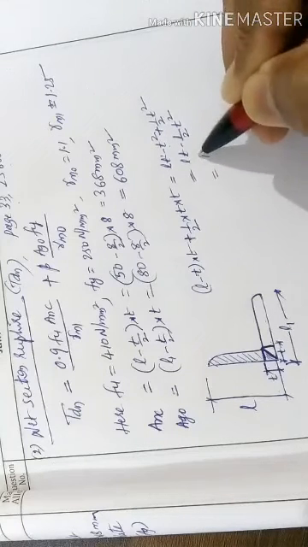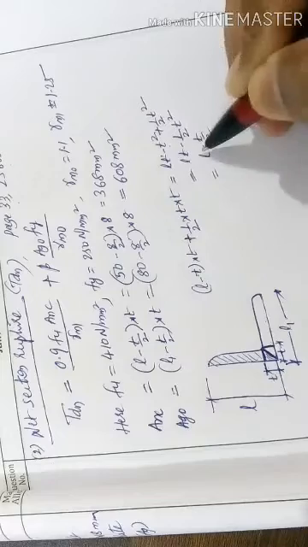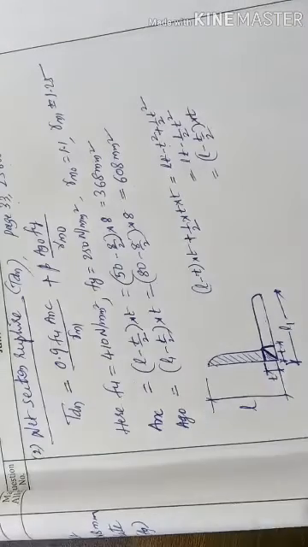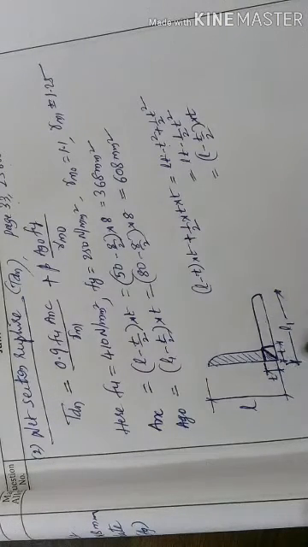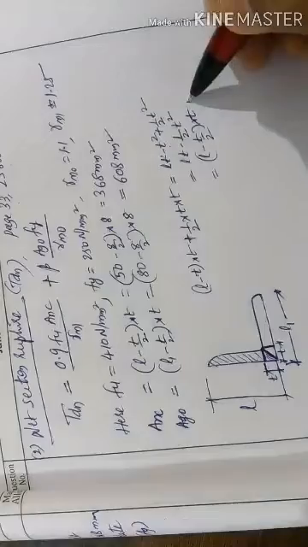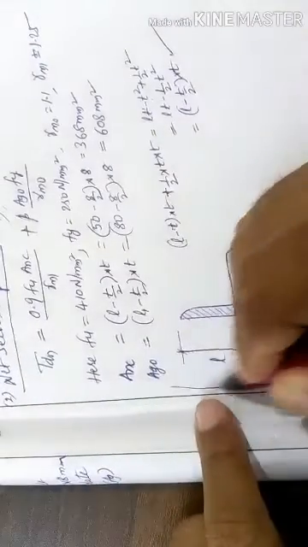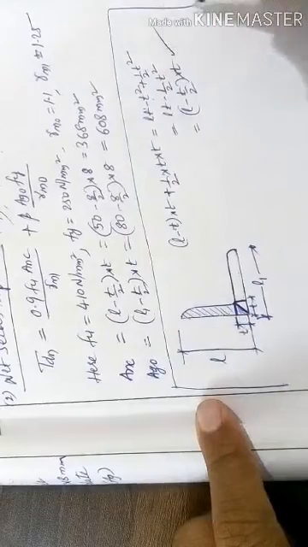But taking T out, (L minus T by 2) into T. Likewise this also, the same you will get. So this is the formula you have to use. This is just for your information.